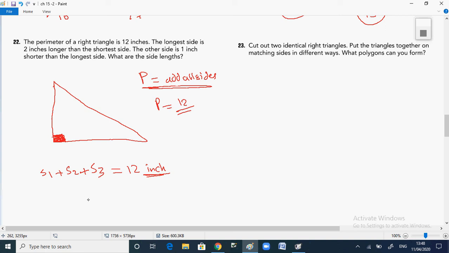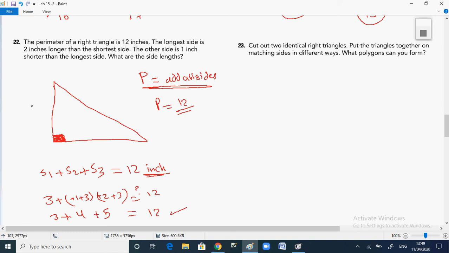So here, if the shortest is 3, plus 2 and plus 1, this becomes 3, 4, 5. Let me check. 3 plus 4 plus 5, add them together. Is it equal to 12? 5 plus 4 is 9, plus 3 is 12.